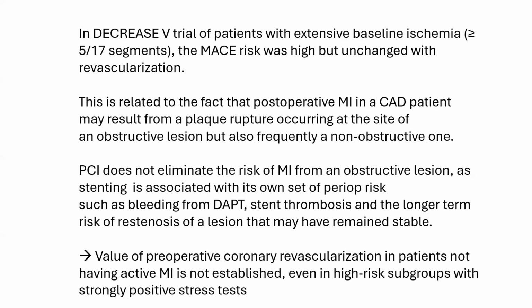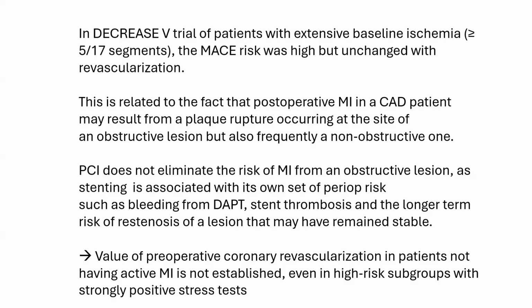Now, why doesn't preoperative revascularization improve postoperative outcomes? This is related to the fact that postoperative MI in a patient with actual coronary stenosis may result from a plaque rupture at the site of this obstructive stenosis, but also frequently, over 50% of the time, at the site of a non-obstructive stenosis. And PCI and revascularization does not affect the risk at that non-obstructive site.